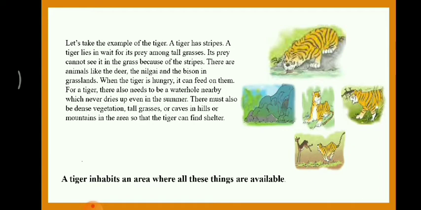But the tiger also needs a water hole nearby, which never dries up in the summer. There must also be hills or mountains in the area so that it can find caves for shelter. This shows that a tiger inhabits an area where all these things are available.